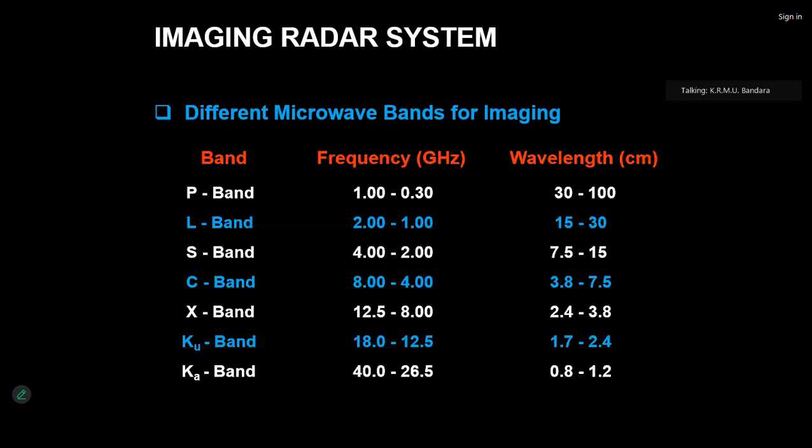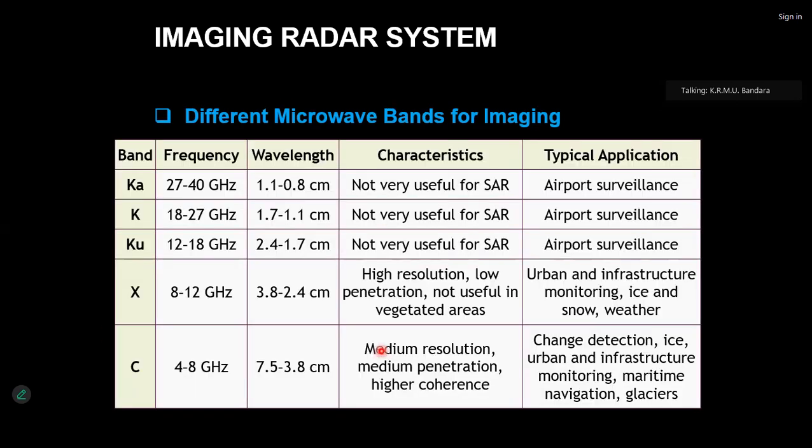Ku is 12.5 to 18. In between is the K, the balance K part. But all were used for airport surveillance and in World War II. They were detecting aircraft and different kinds of things. At that time, we didn't know.